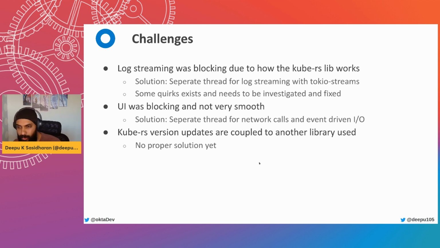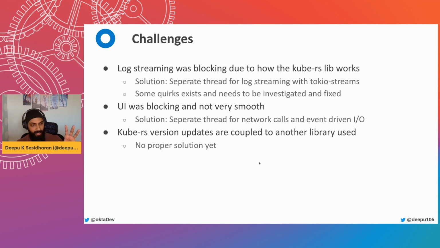Another issue is the version update of Kubernetes, because k8s-openapi, and any other library that uses it, has to be carefully updated. You cannot have multiple versions of k8s-openapi in the same project because of how that library is published. It can only support one Kubernetes version at a time.